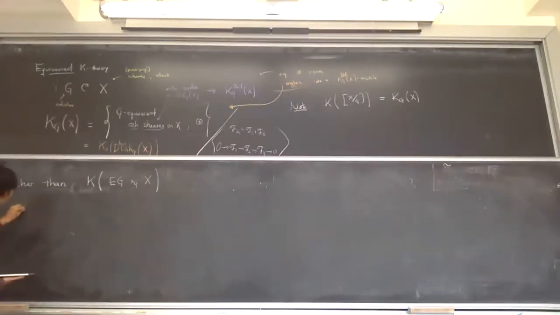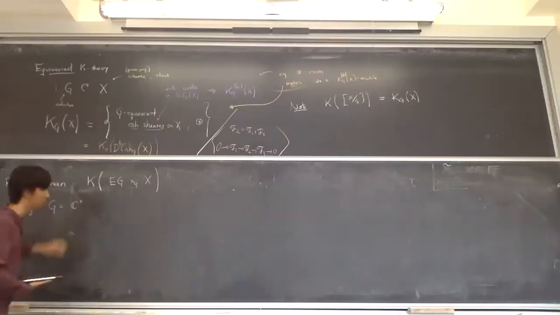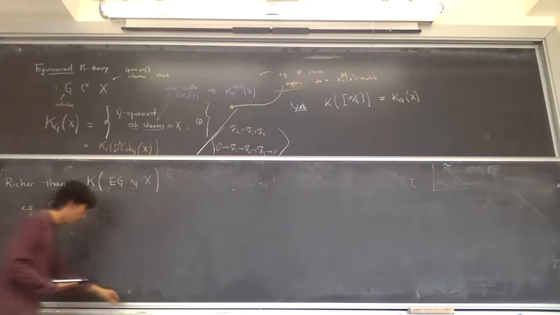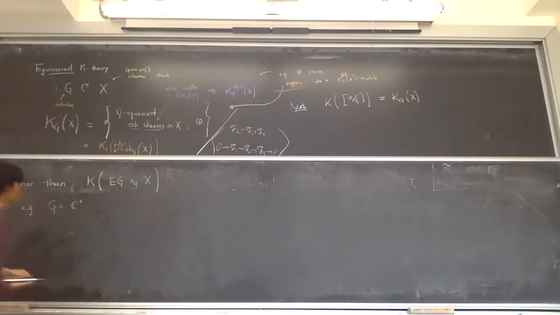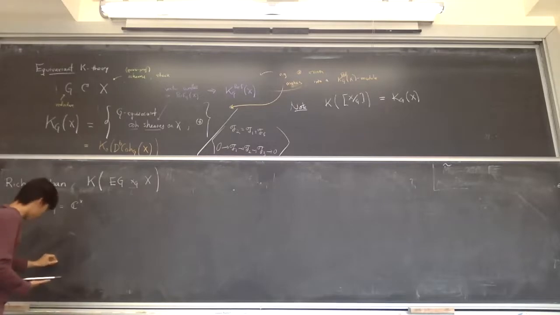Okay, so for example, I want you to keep the following picture in mind. Let's say G is C star. This is the simplest possible reductive group you can take that's non-trivial. And the picture you should have in mind is the following geometry, where instead of thinking about these as groups, you're going to Spec everything.